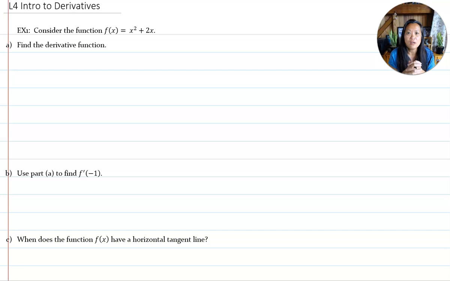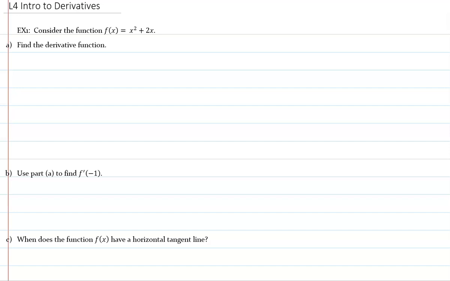Okay, so you have seen this. You have seen the definition of instantaneous rate of change as the limit as h goes to 0 of f of x plus h minus f of x, all divided by h.